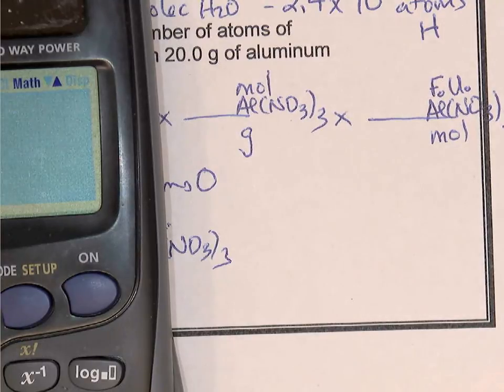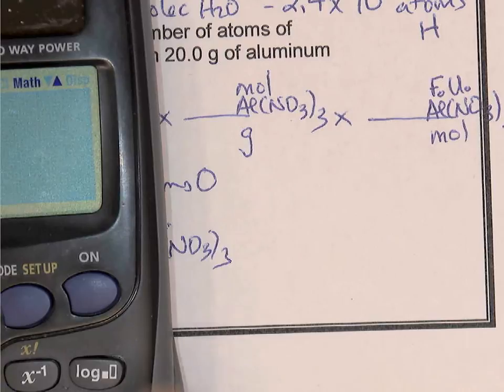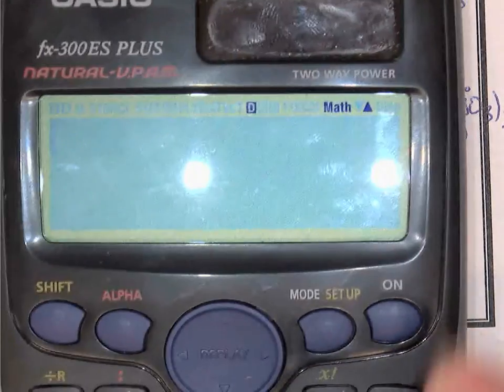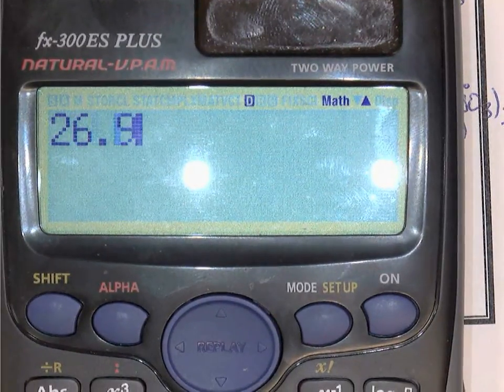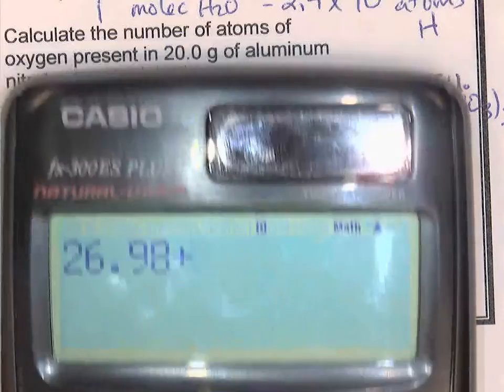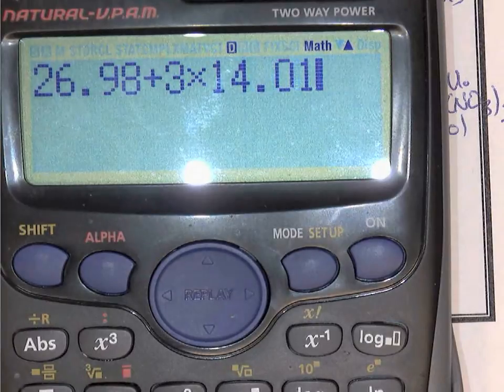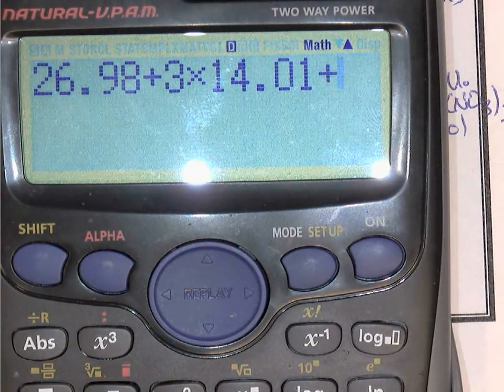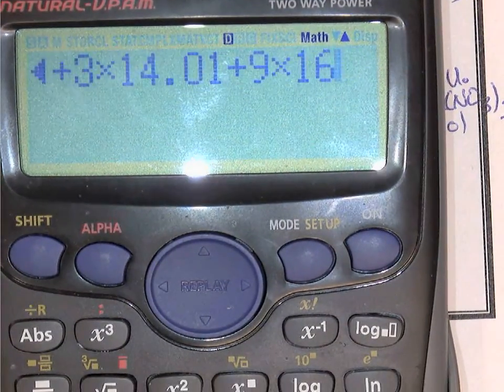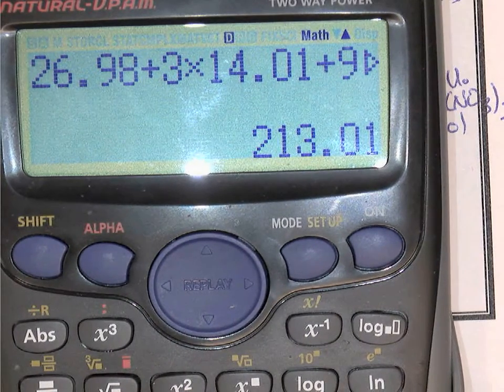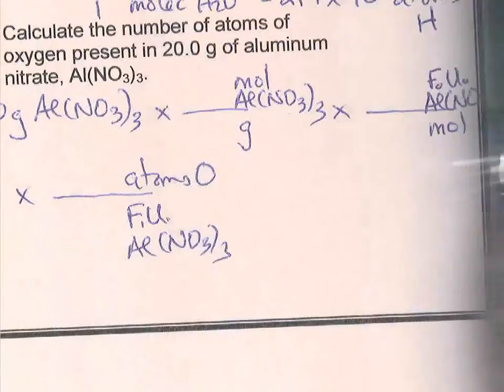So now, we grab a calculator, we've got a periodic table in front of us. Aluminum nitrate has 1 aluminum, 3 nitrogens, and 9 oxygens. So, from a periodic table, 1 aluminum, 26.98, 3 nitrogens, 3 times 14.01, and 9 oxygens, 9 times 16. 213.01 grams is the molar mass.